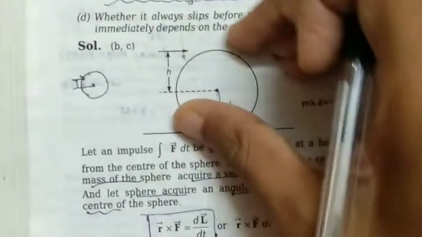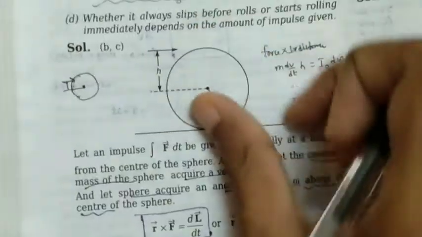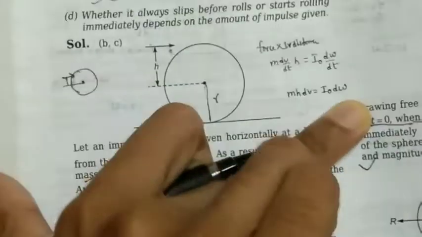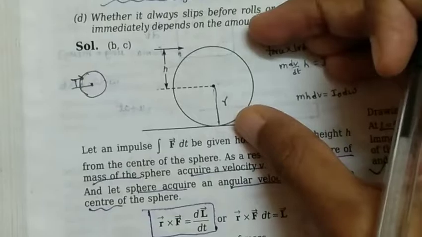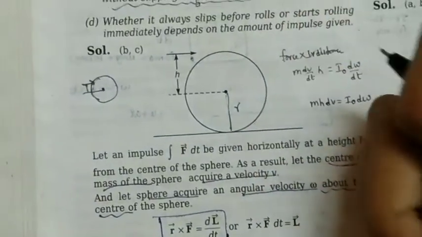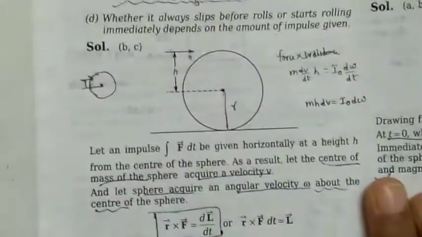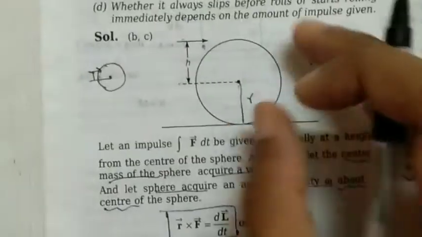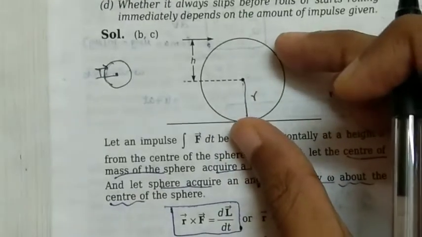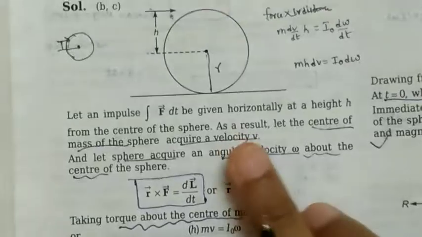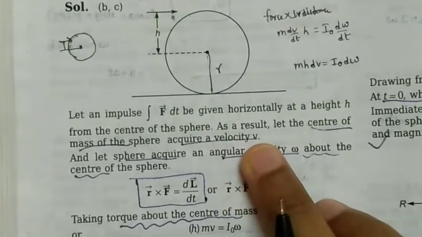Because of rolling, it would move in this direction. At the same time, because of translational motion and slipping, it would also acquire velocity in this direction. So these many conditions are there. It can acquire velocity v because of slipping or else rolling.